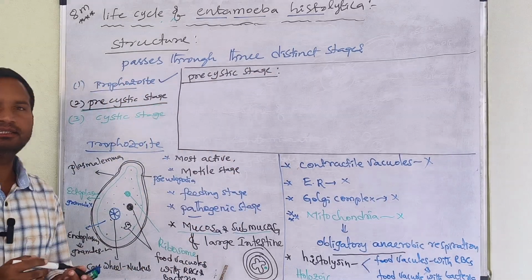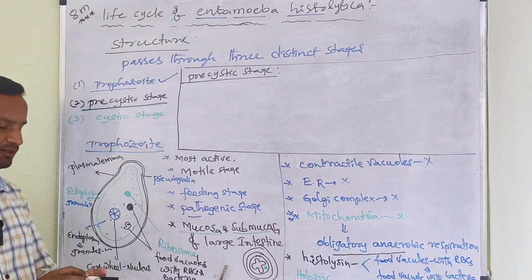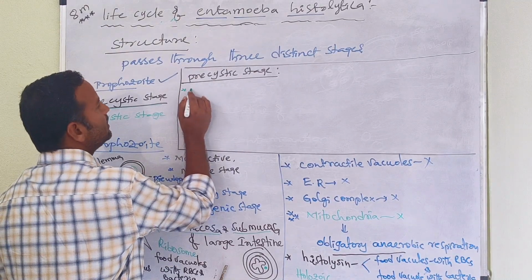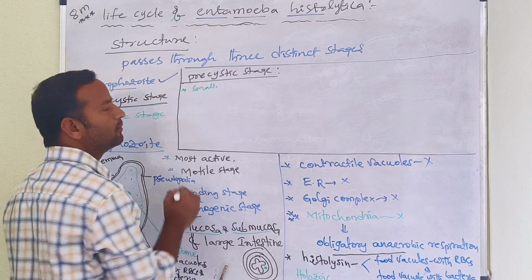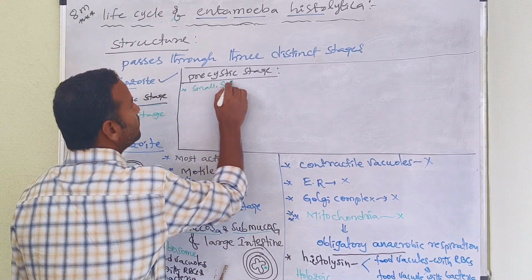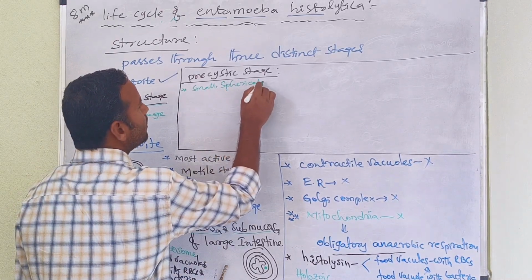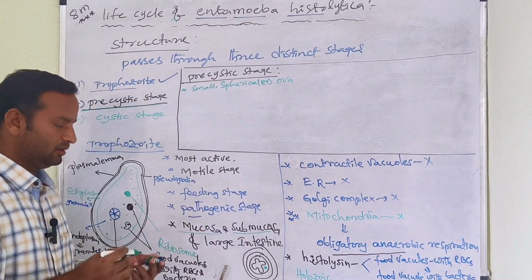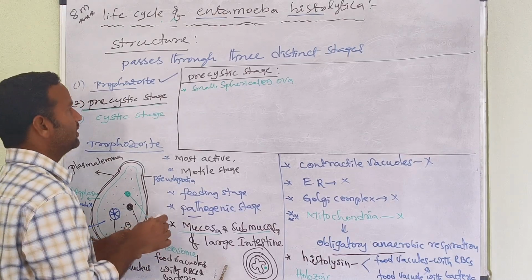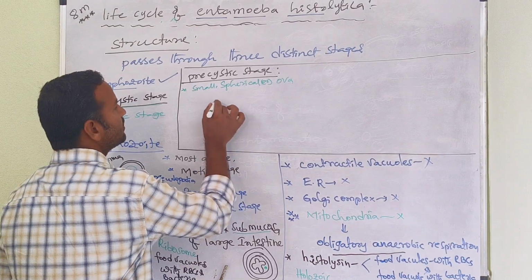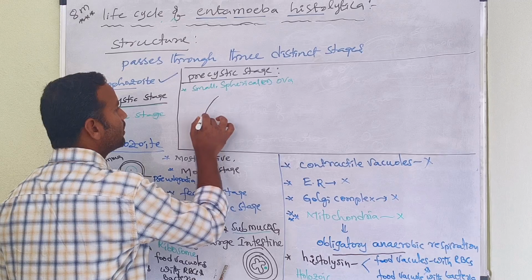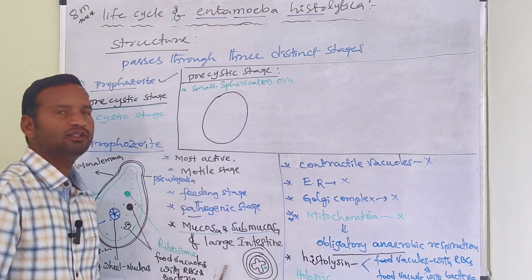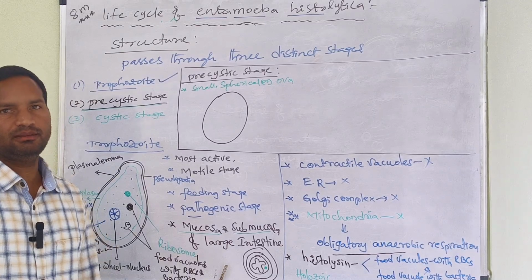When we observe the precystic stage of Entamoeba histolytica, first of all, it is a small, spherical or oval-shaped structure. It means, for example, when we observe this one, it is slightly like this. Yes, this is a spherical or oval-shaped structure.